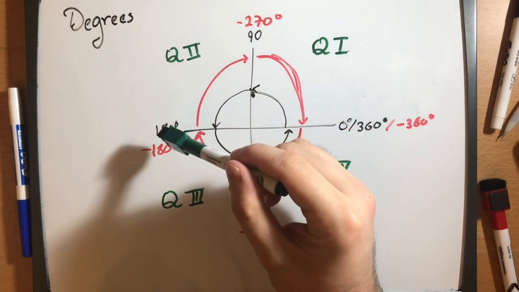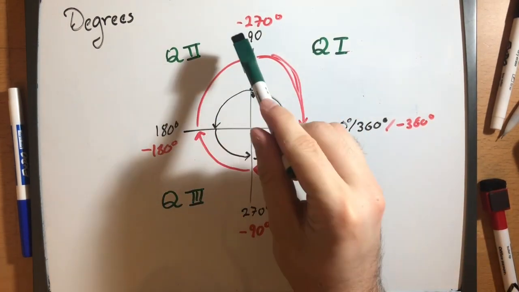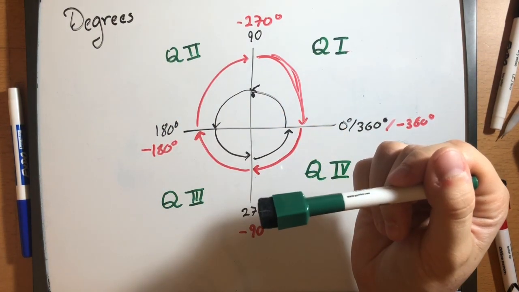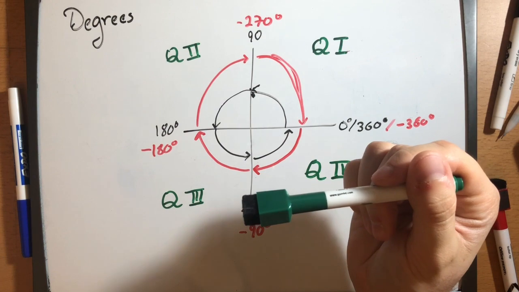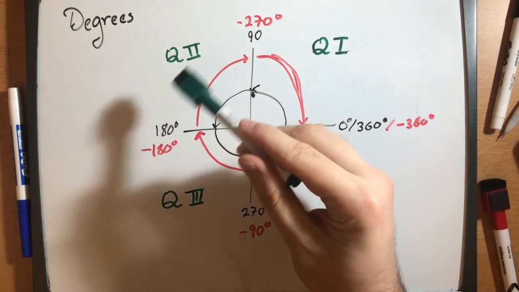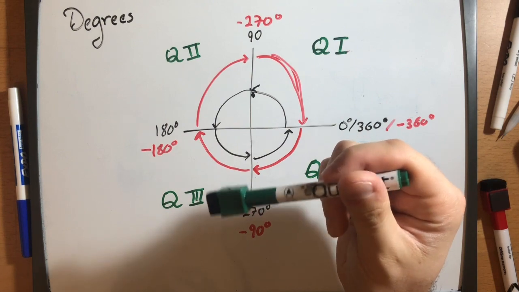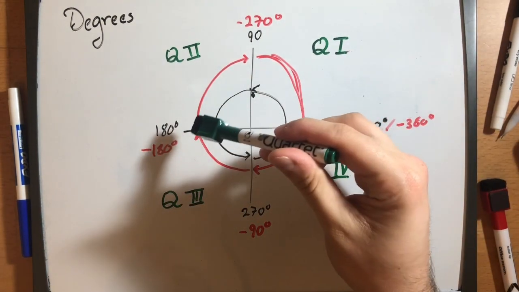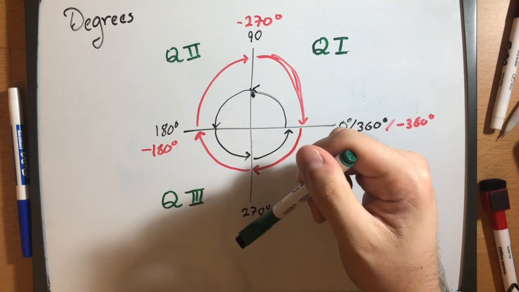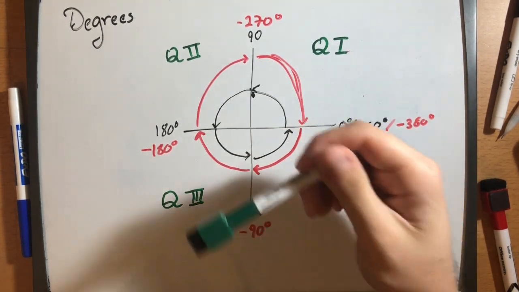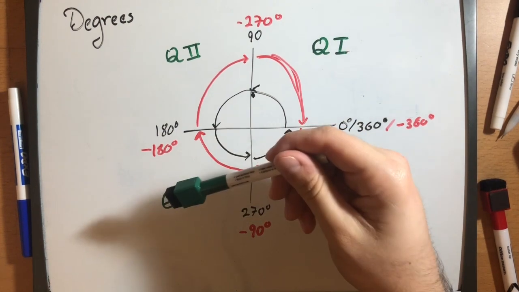For 90 to 180 degrees, the terminal side would be in quadrant 2. And if we're moving in a clockwise direction, negative 180 to negative 270 is the range. If the terminal side continues moving, any angle between 180 and 270, the terminal side would lie in the third quadrant.